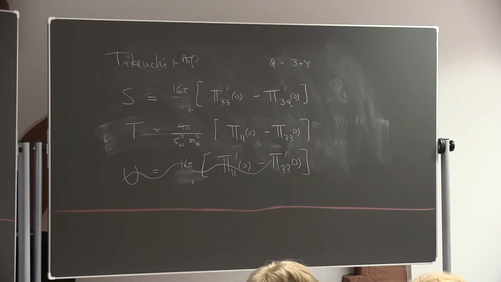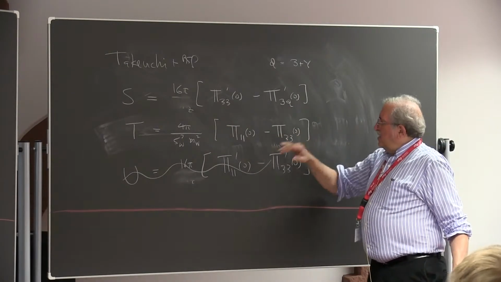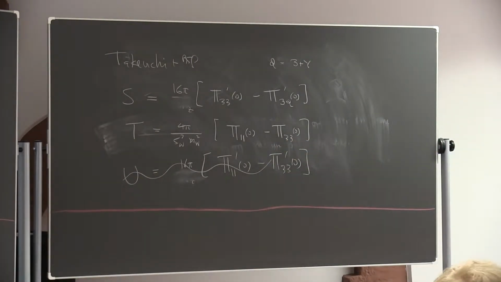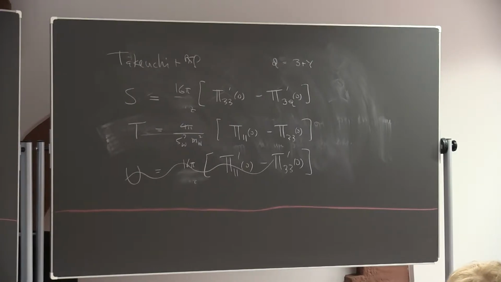You had a question. When you have derivatives in one case and non-derivatives in another one, it's a derivative, right? Yeah, you have a prime. So this is a derivative. This is not a derivative. It has to do with the fact that B and E can be non-zero and different. But because of SU(2) symmetry, their infinite parts are equal.